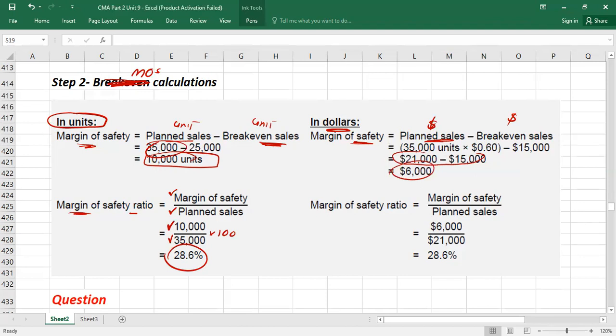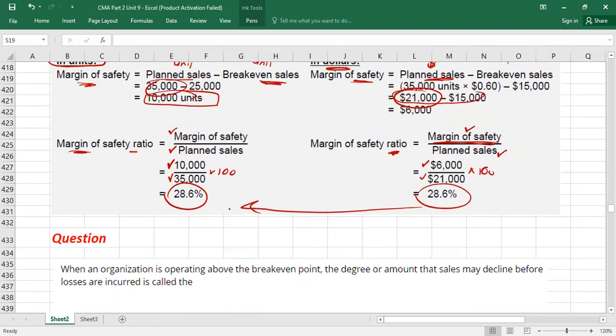Now, if you want to calculate margin of safety ratio by using dollar values, I take margin of safety in dollars, which is 6,000, divided by planned sales in dollars, which is 21,000. If I multiply by 100, you will get again 28.6%. Understood? We can interpret these ratios also.